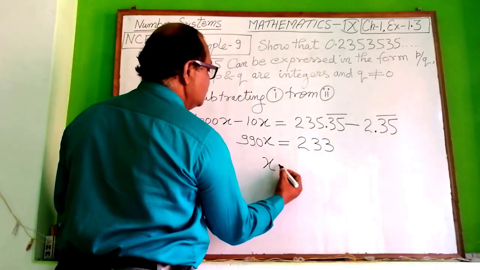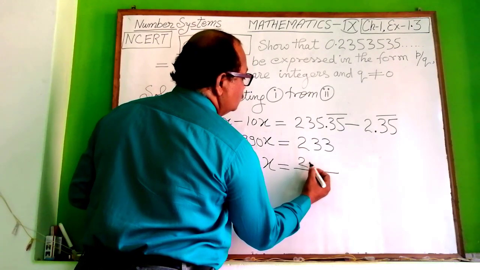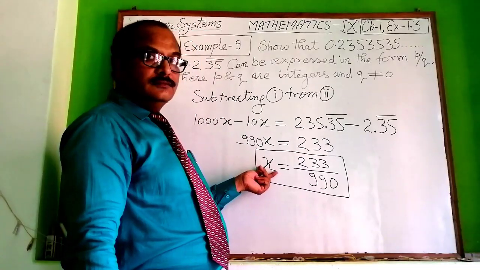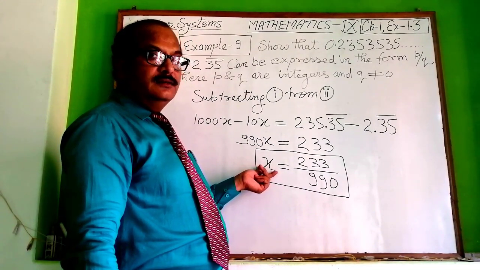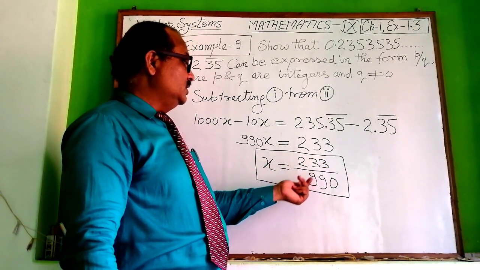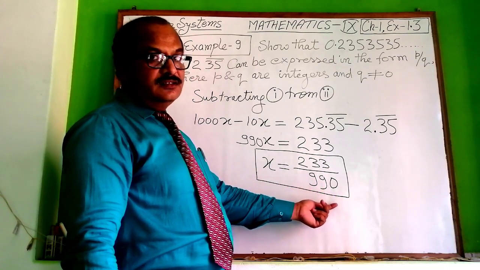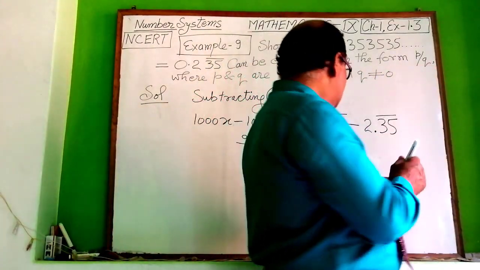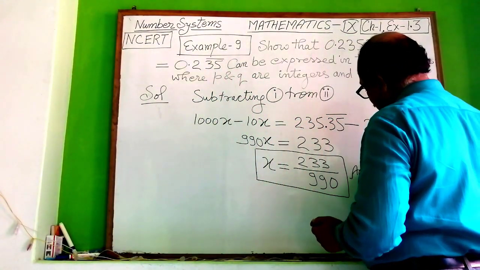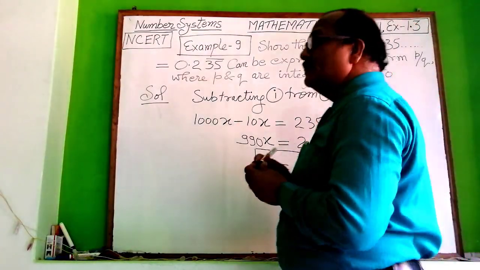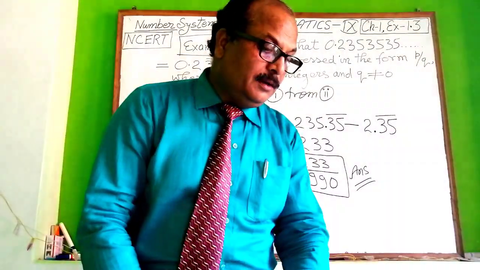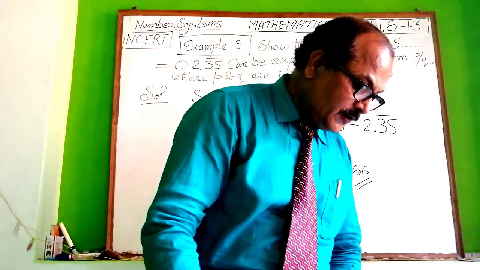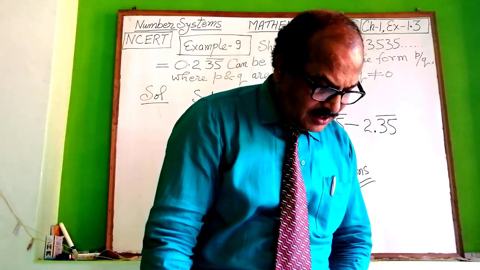So the value of x is coming 233 upon 990. It is now converted into the form of p upon q. So this is the answer of this question. On this basis you can do all the parts of exercise 1.3 question number 3. So question number 3 completes now.